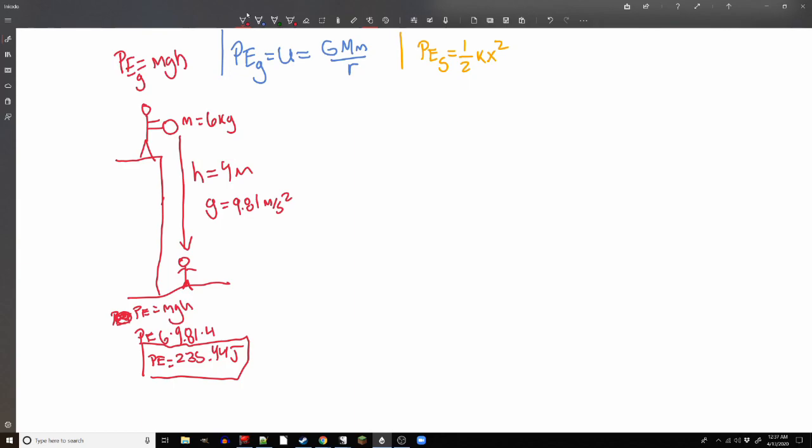So one of the things I might ask is, how fast is it moving when it hits Miles in the head, sadly? We'll say KE, just to remind ourselves, is 1/2 mv squared. And the KE at the bottom is the same as the PE at the top, 235.44.